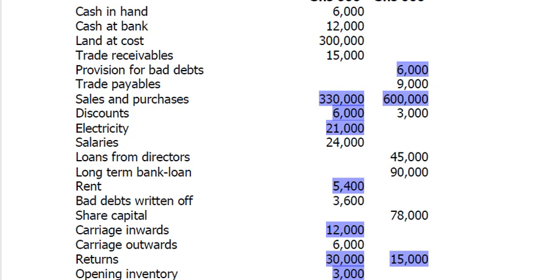Then in the question we have loans from directors. When it comes to loans from directors, we are not sure whether these loans are to be paid back within a period of 1 year or for more than 1 year. We don't have that information, which can guide us to classify them as either current or non-current liabilities. But what you have to know is that these are liabilities. Whether you take them as non-current or current liabilities, it may not make any difference because of the absence of more information about these loans from the directors.